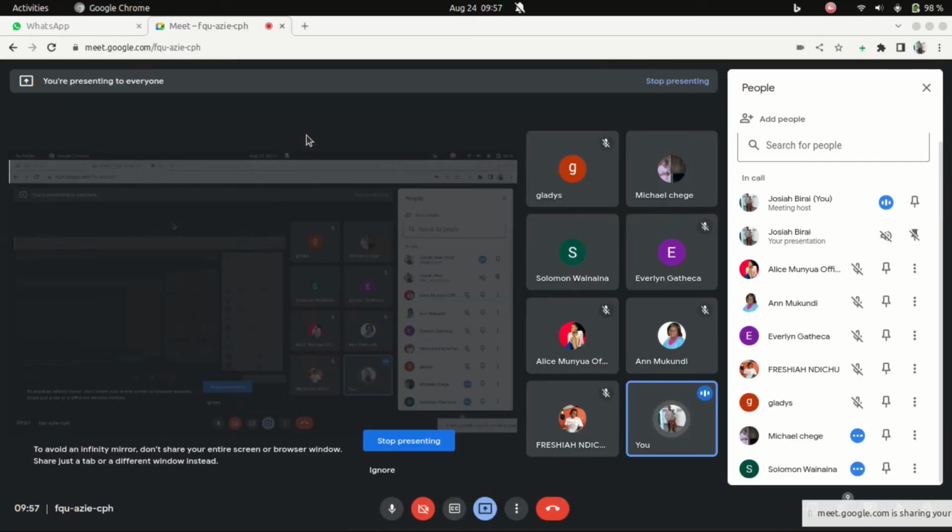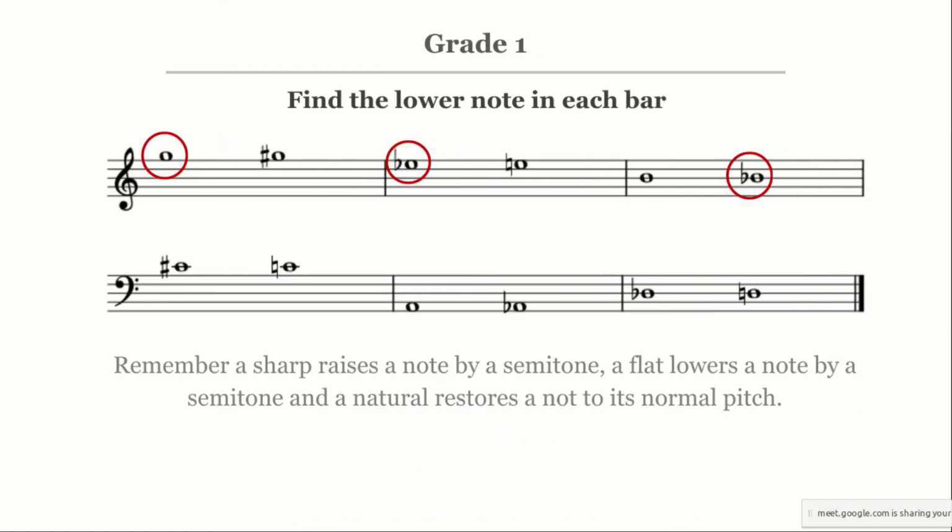Let's hear Evelyn. Solomon, you can mute now. Thank you. Evelyn, kindly help us identify the lower note in this. It's the C natural. Thank you.